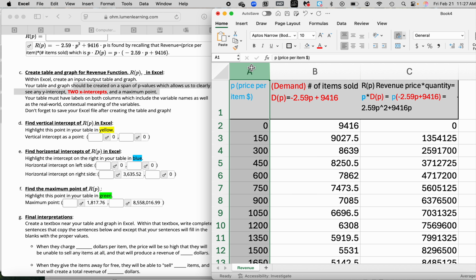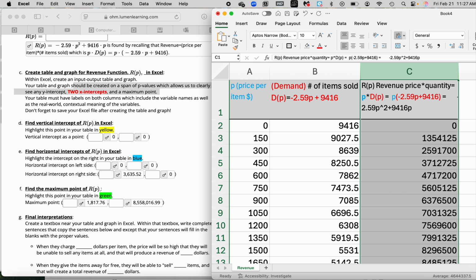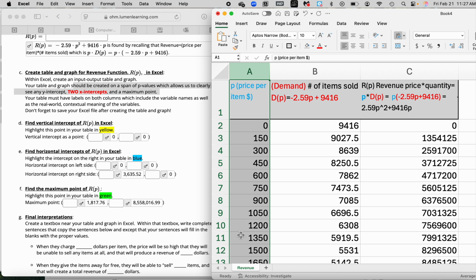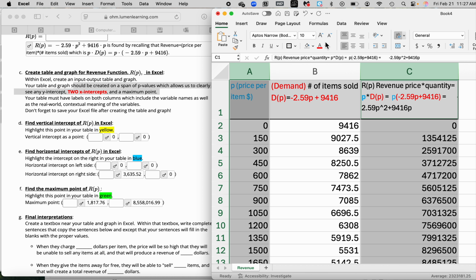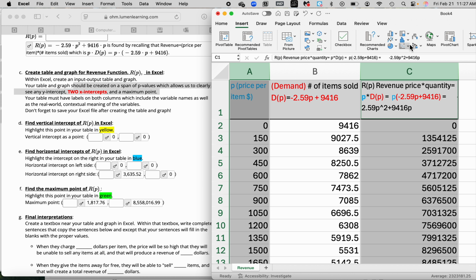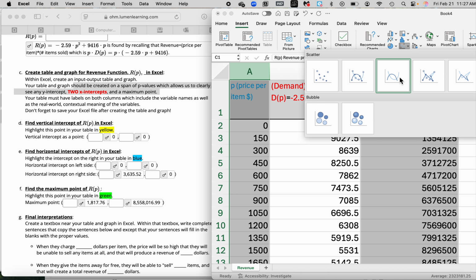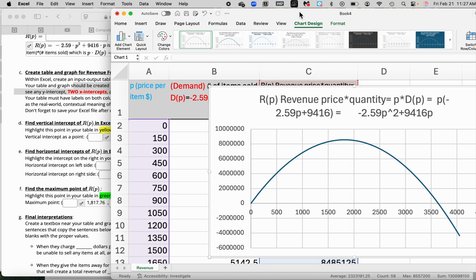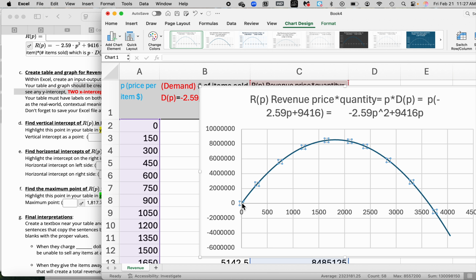So if you did not see two intercepts previously, you have to change your input values for price so that you can see both of them. All right, so if I insert a smooth line graph, I can see that all I graphed was my revenue function.